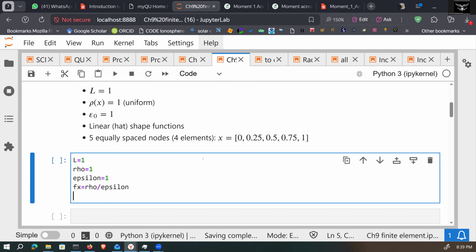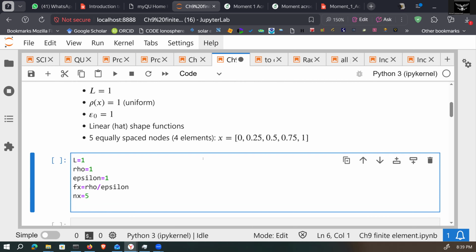And I now need to divide the length into nx. So I'm going to make nx to be 5, so that h, which is the interval, would be L divided by nx minus 1. Why minus 1? Because you have 4 elements. So you cannot divide L by nx. It has to be nx minus 1.